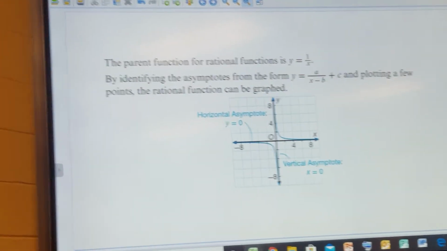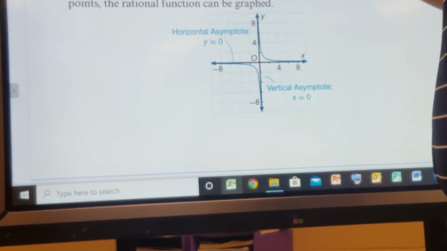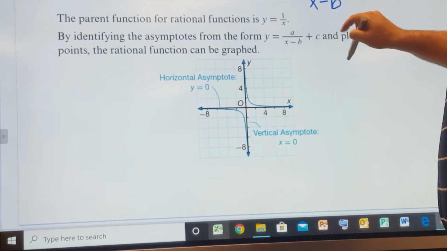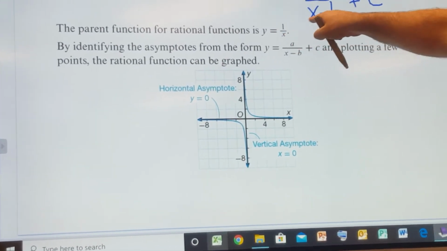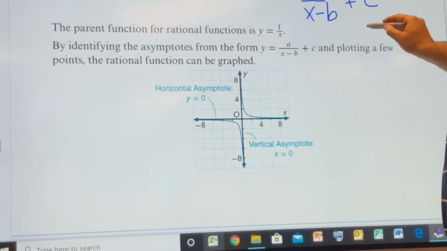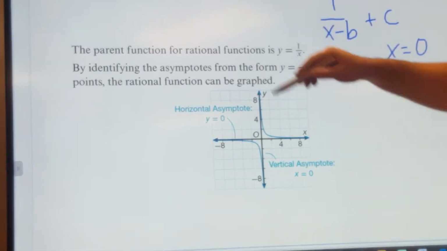Here's what we call a parent graph. If we graph the function 1 over x, it looks like this. Remember we looked at the form 1 over x minus b plus c. What value would make the denominator 0? It would just be 0. So we've got a vertical asymptote at x equals 0, right on the axis.